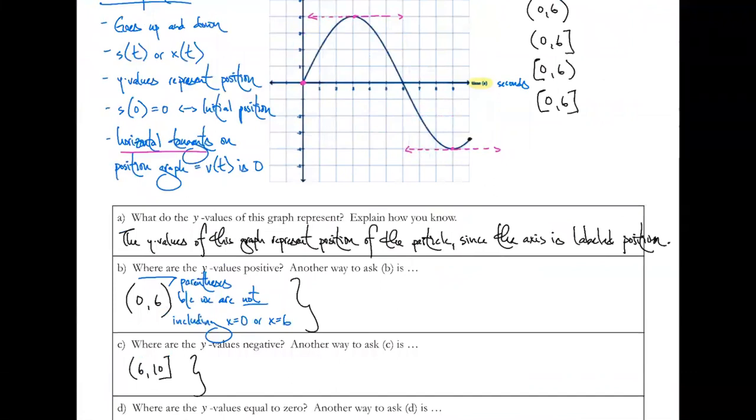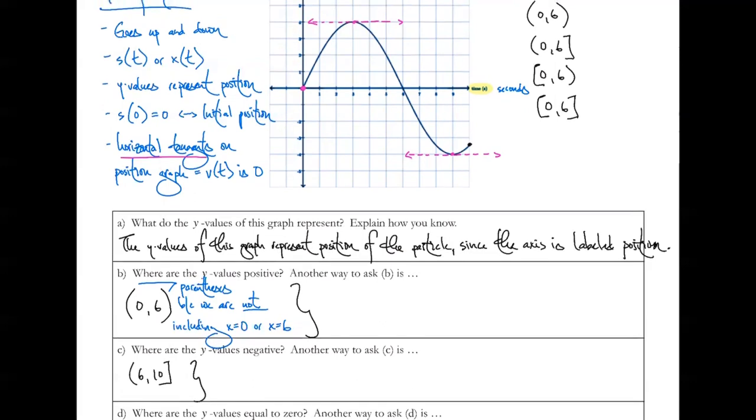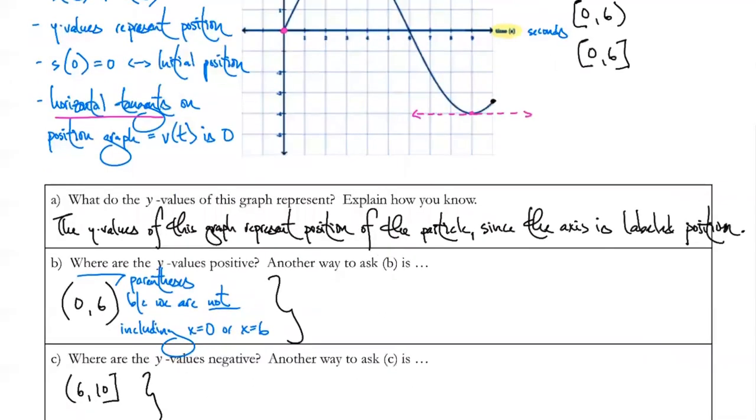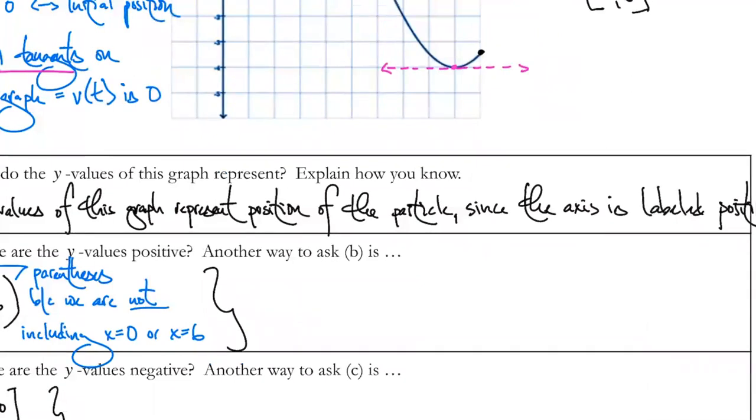Now, one way that I could ask this is, where are the y values positive, where are they negative? But in a more conceptual way, all right? What we might see in practice problems that we find online is someone might ask us this. Instead of saying, where are the y values positive?